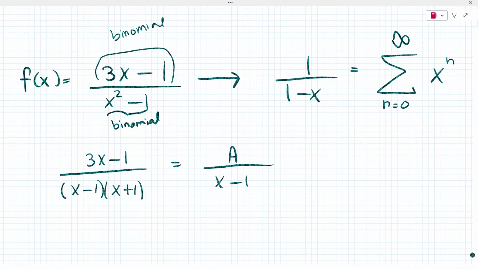People always ask, why do I put a constant, or should I put an Ax? Well, what I do is take the derivative of the first term, x minus 1. What's the derivative of that? 1, which is a constant. So A is a constant. If it was like x squared minus 1, it would be 2x, and then you would put in Ax, right?